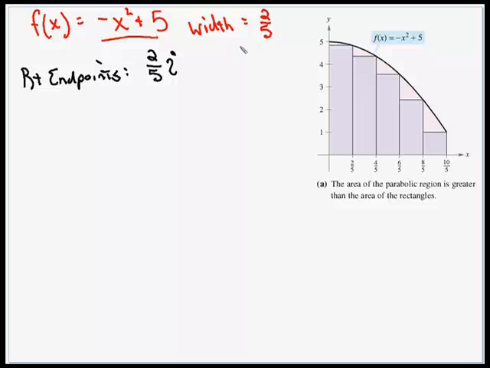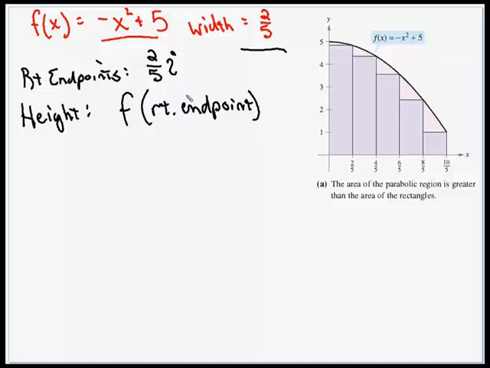The width I already have up here as 2/5, and the height of each rectangle is f of the right endpoint. So we take the right endpoint, we plug it into our function, and that will give us the height of the rectangle. Here I'm just going to show these are our rectangles.